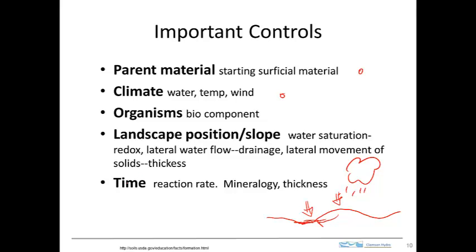And then also the time that the soils have had to develop. The reactions that are producing soils, the chemical reactions, have fairly slow kinetics, and so the longer the time that's available, the more the chemical reactions will proceed.